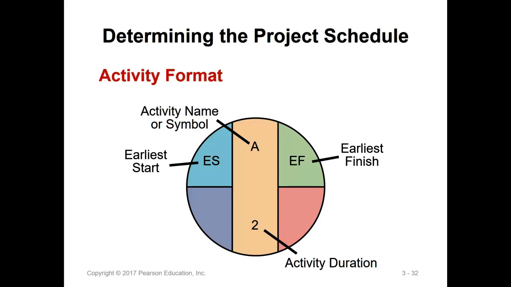When we talk about a backward path, on the right side is the late finish, and on the left side is the late start. This number 2 represents the activity duration, how long you need to complete this work. So this is the activity symbol or drawing.